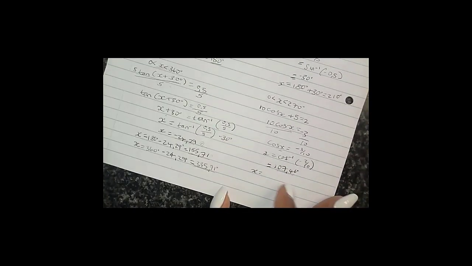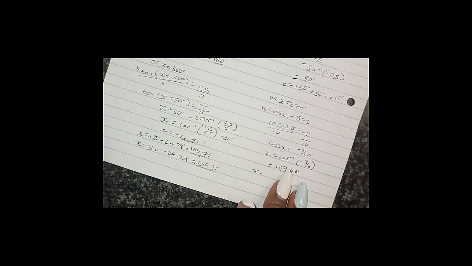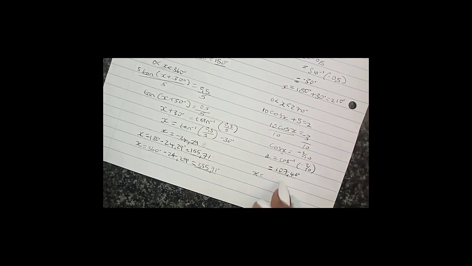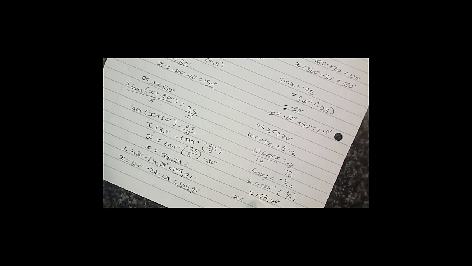So our only solution is here. So this is in the first quadrant, but our angle is greater than 90 degrees. Do you see? Our angle is greater than 90 degrees, so it's not an acute angle.